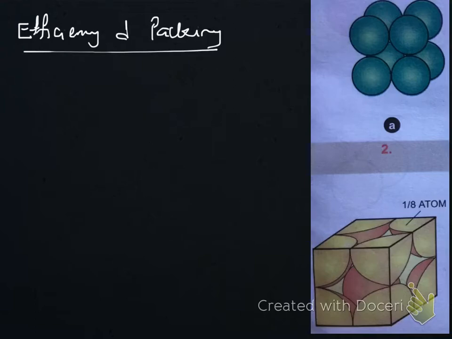You can see a simple cubic system in the picture. 8 particles touching each other. This is a simple cubic system. Since our constituent particles are spherical in shape, even if we are packing it very closely, we can see lots of vacant spaces between them.